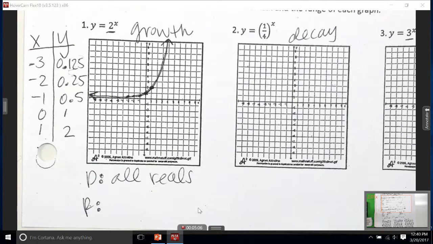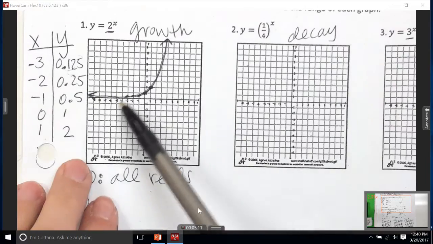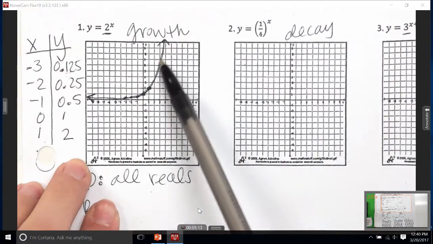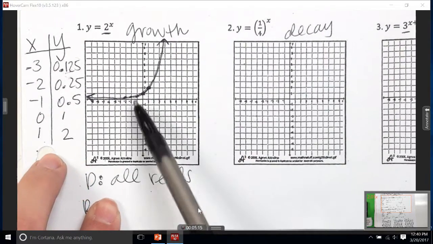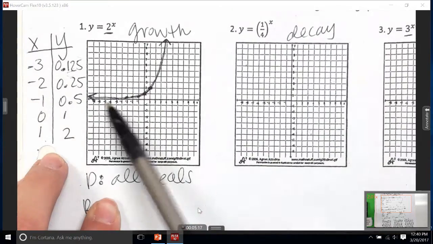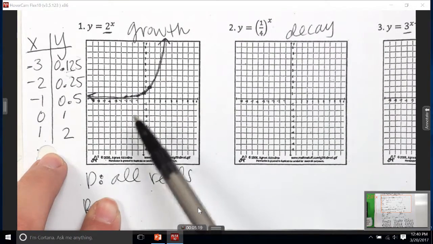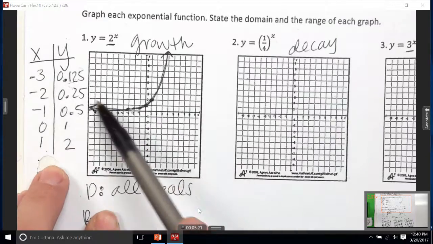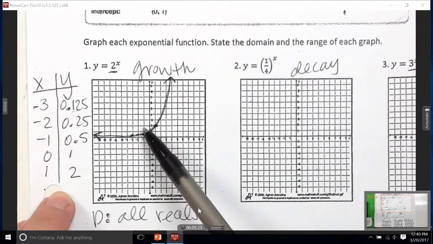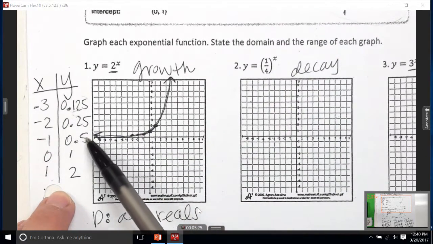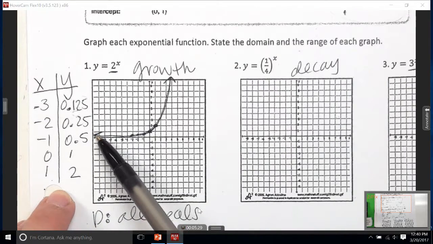Alright, but the range is dealing with y values, so up and down, right? So this looks like it'll go up forever, correct? But is it going down forever? It's kind of just going out to the side, right? But the smaller we get on this side, the further left we get, the closer y gets to what? 0. So all the y values here are not touching 0.